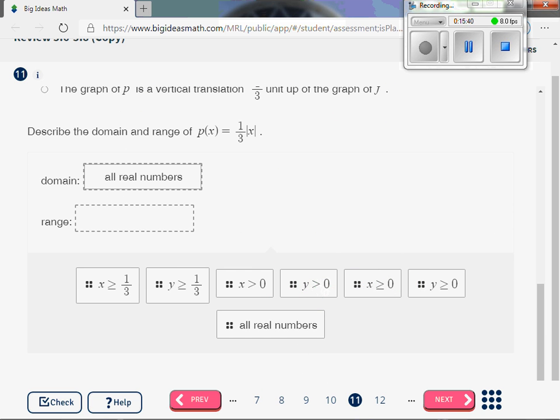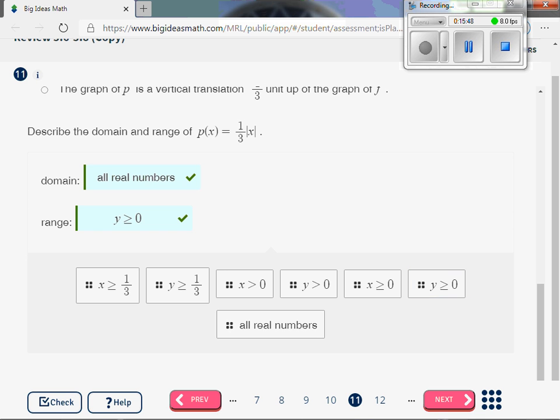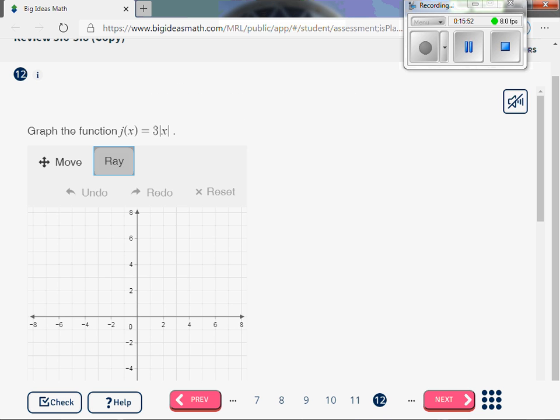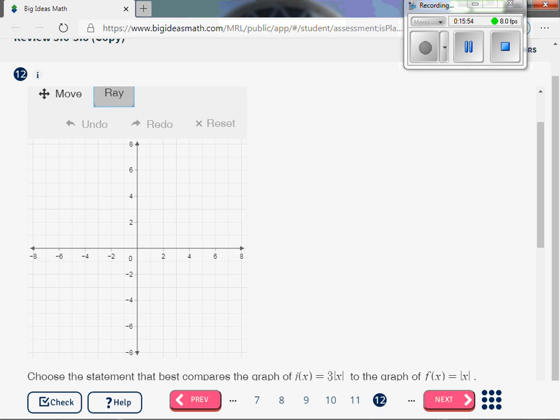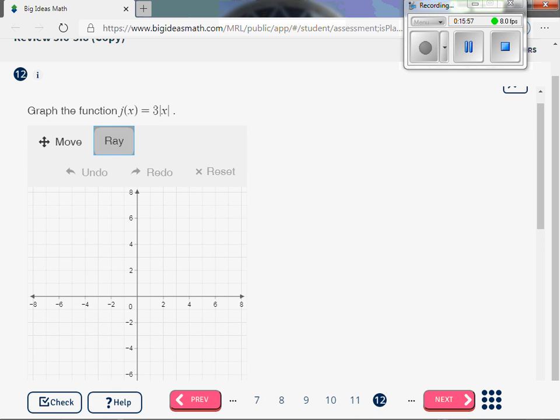So for this here, our range is going to be y is greater than or equal to 0. And that's it. That's all we have to do for this one here. Any questions on any of these here so far?